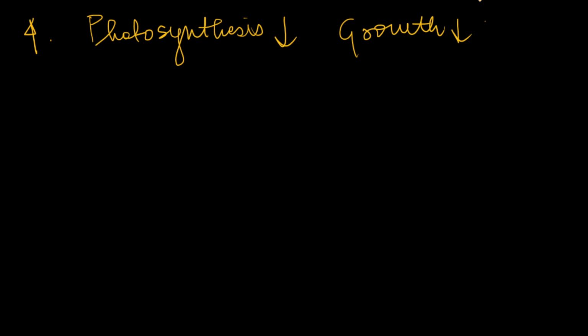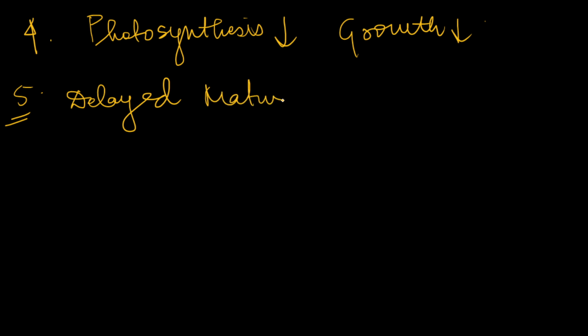If you flood the field and the water is logged, the performance of the root decreases, and water stress in the plant will start, because the roots are not able to absorb a lot of water. It can also lead to delayed maturity and low yield.